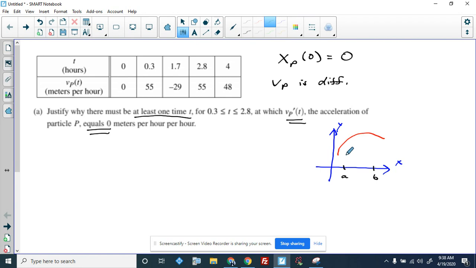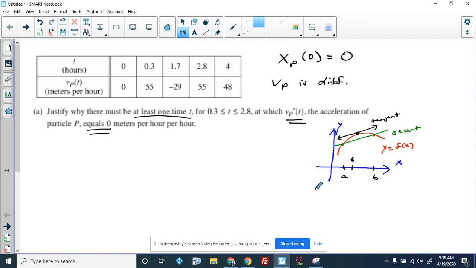Well, there must be at least one spot within the interval, call it C, call it T, call it whatever, usually we call it C, where the slope of the tangent line at that point is equal to the slope of the secant line over that interval, which would be that green line there. This is for some function, say y equals f of x.